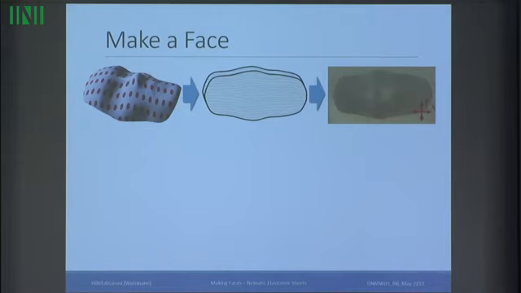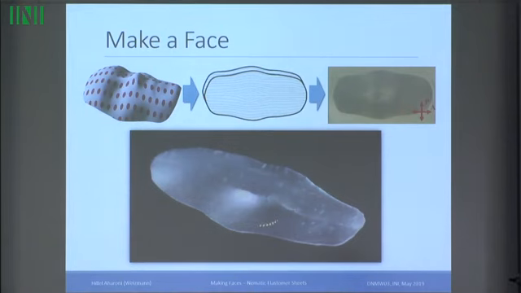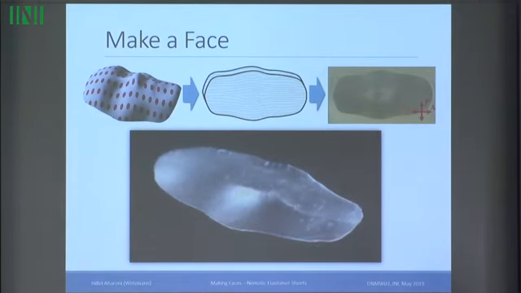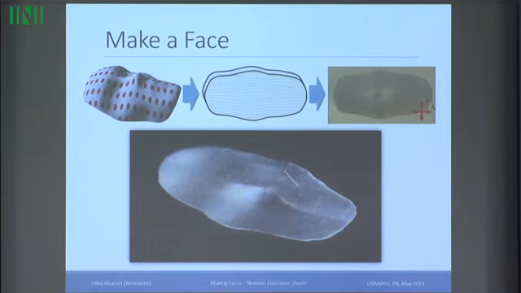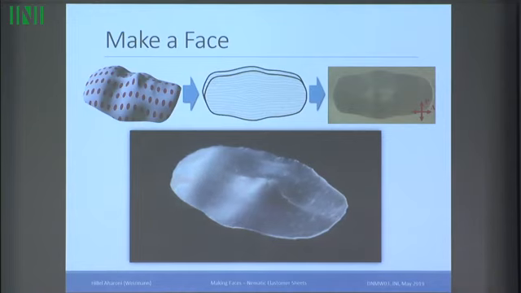We make the nematic elastomer between them, and we get, this is not the face yet, this is still when the hot plate is cold. But as the hot plate heats up, you can see the nose popping up, the eyes popping in, the cheeks, everything, and we get a nematic elastomer sheet that transforms into a face. Can't say it's perfectly the face we want to make, but it's similar.